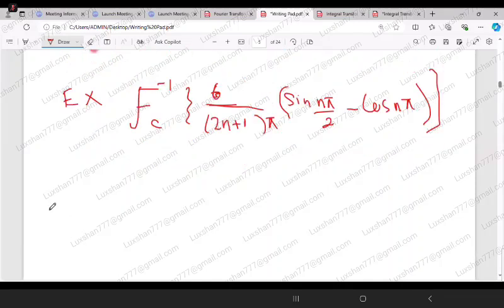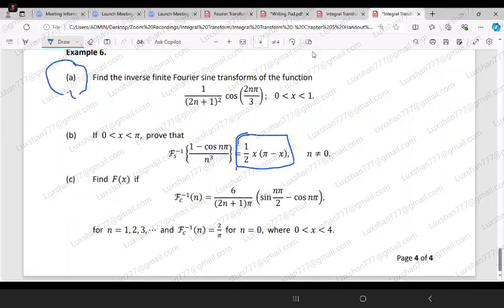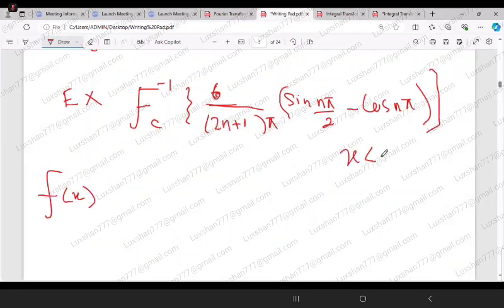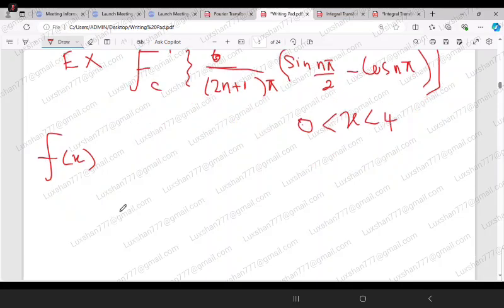So if you use the definition, we know that f(x), here the range is 0 to 4, so x is between 0 and 4. So f(x) you can write as 1 over 4, so our L is equal to 4.